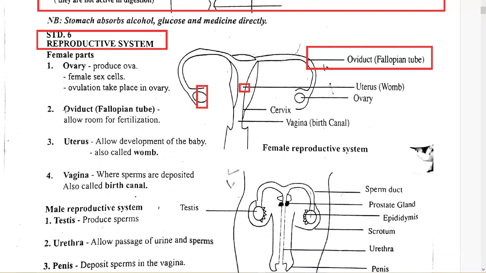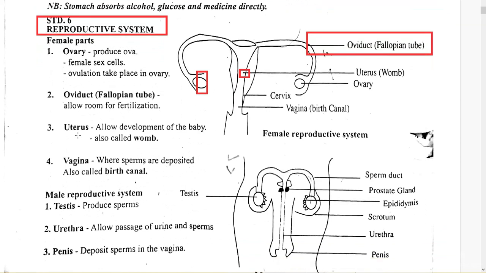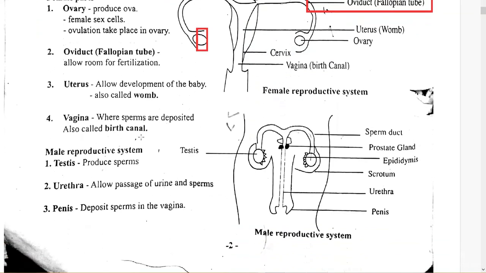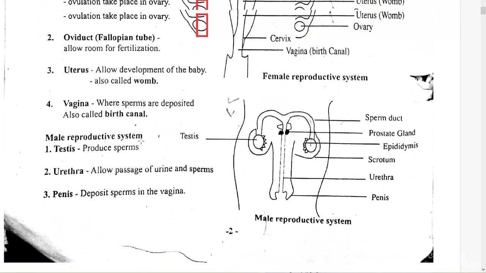Very good. The oviduct allows room for fertilization. The uterus allows the development of the baby, also called the womb. The birth canal is where sperms are deposited. That is right.